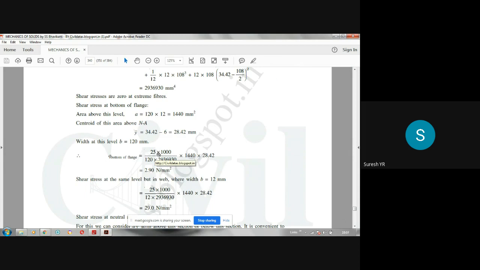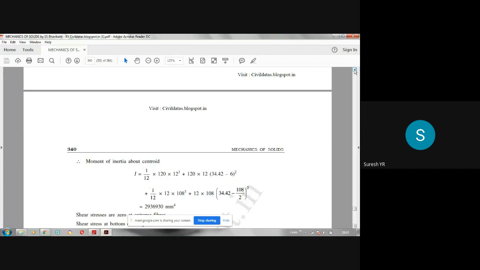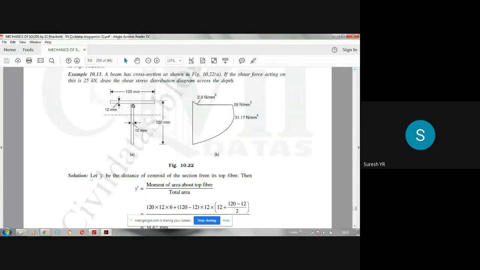He has given F as 25 into 10 power 3 Newton, converted from kilonewton to Newton, divided by, first we will take B as 120, and we have got the value of I as this much, that we substitute, into A into Y bar. What is that A into Y bar? A is 120 into 12.